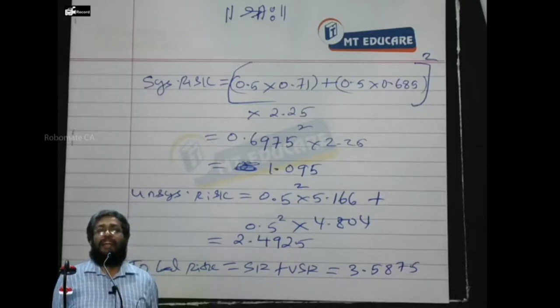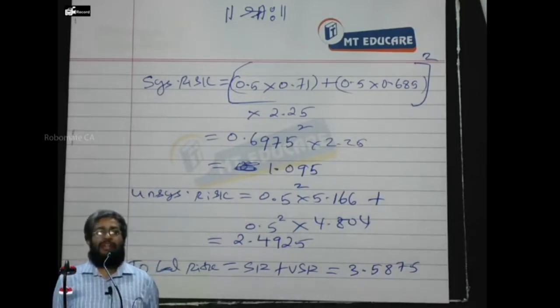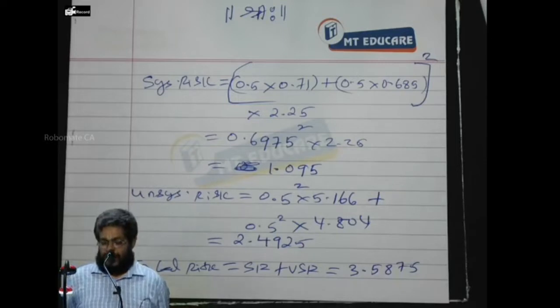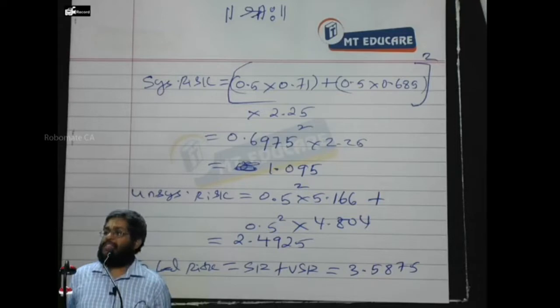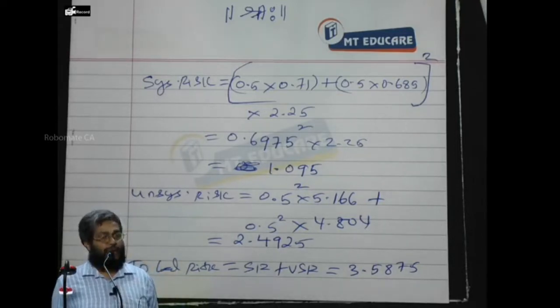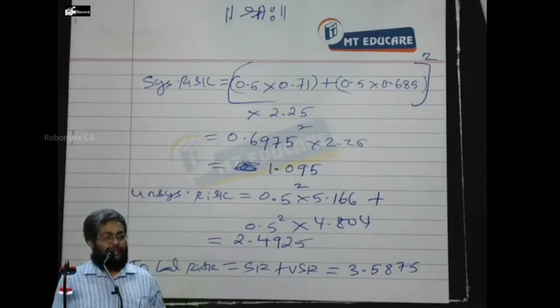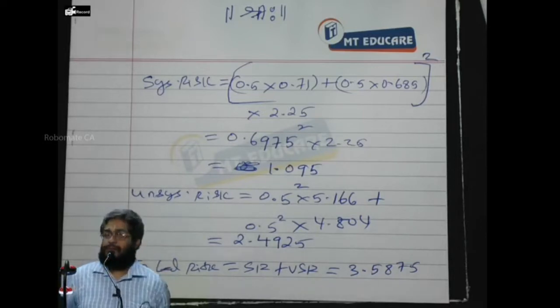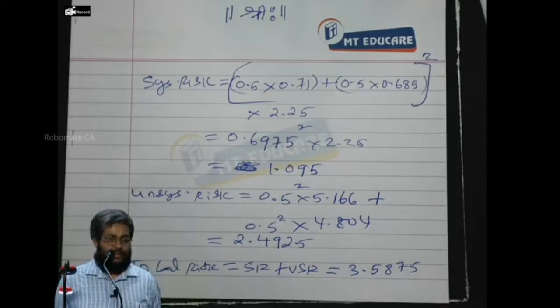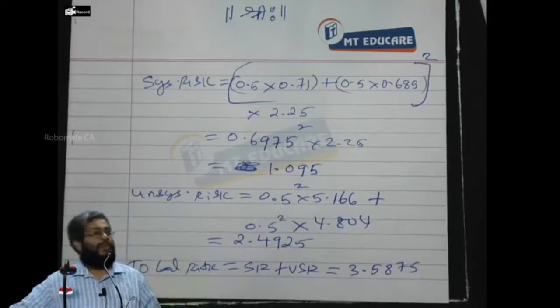And the portfolio standard deviation is, sigma p is equal to the square root of 3.5875. I want an answer. What is the number? 1.8941. Standard deviation is 1.8941.